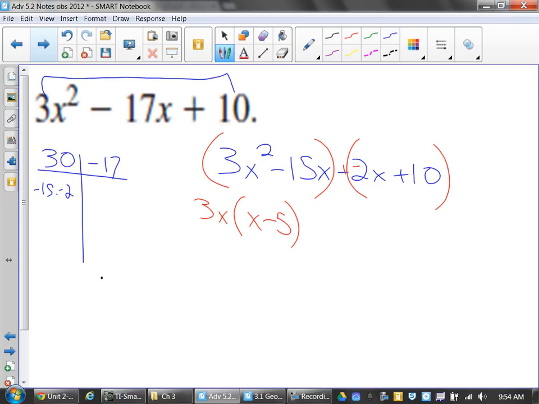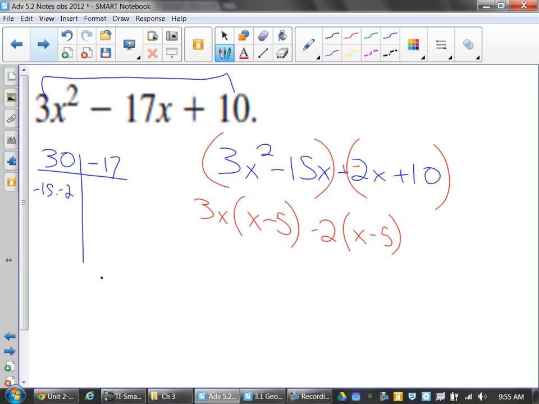That's where most students make their mistake here. When they have a third term that's negative, they usually forget to factor out the negative. Okay? So now, what's the GCF between 2 and 10? Negative 2. So I'm going to take out the negative 2. And what am I left with? X minus 5. Okay?